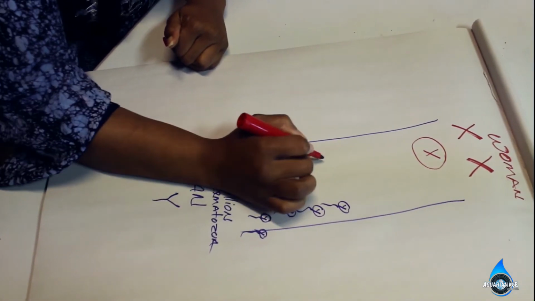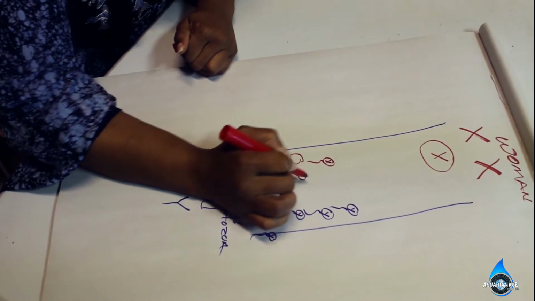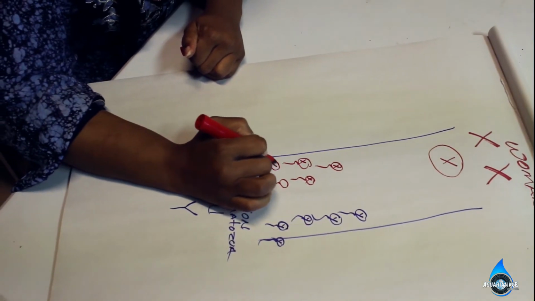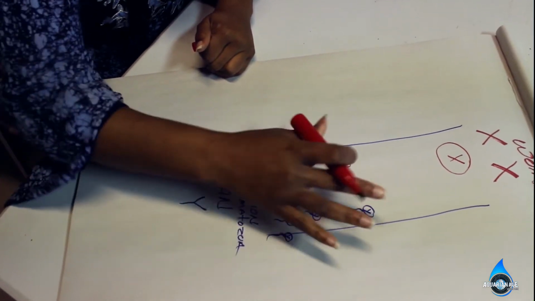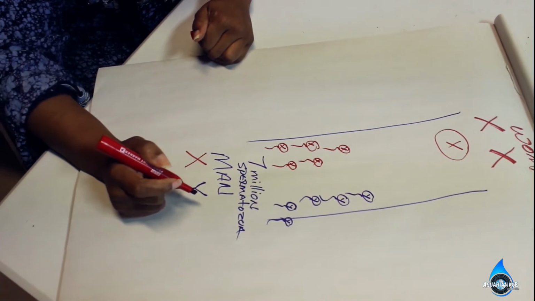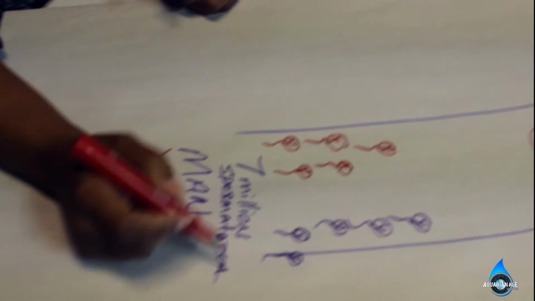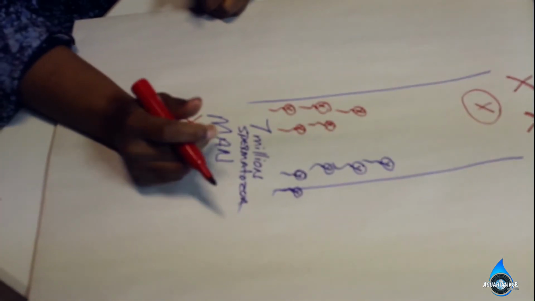Okay, these are the girls. And all these come out together in that 7 million. Some men produce more or less, but that's pretty much the rough general number of it.